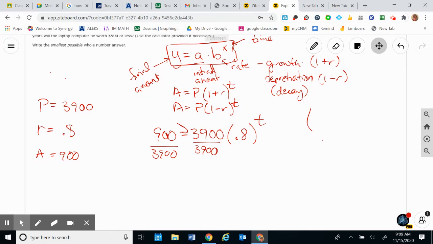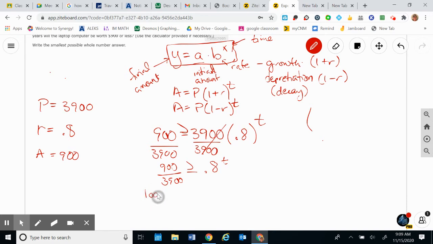All right, so here we go. So now you have this, and we're going to go ahead and cancel that out. Okay, so you get 900 over 3900. I'm not going to calculate it again, just because it makes it better in the final amount, okay? You could easily change that to a decimal, you guys, and work with it from there. 0.8 to the t. Okay, now we need to bring this down, so we're going to take the log of both sides.